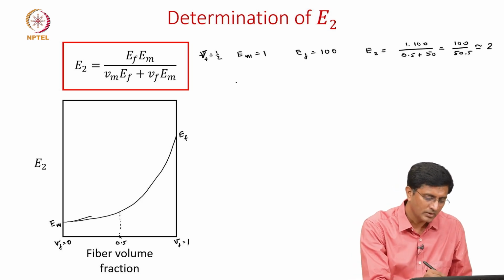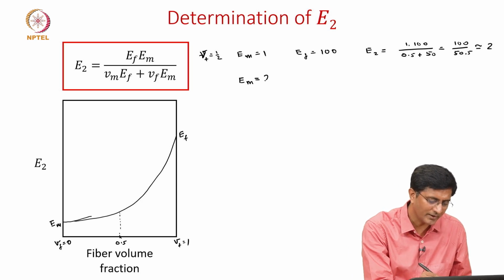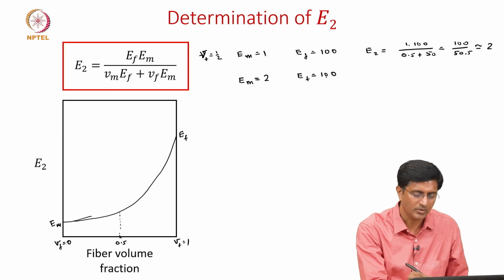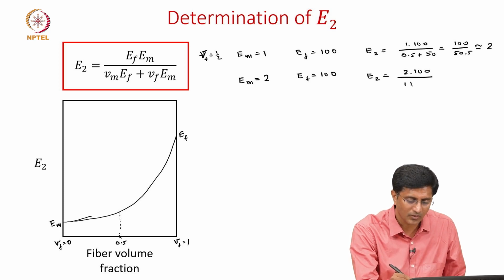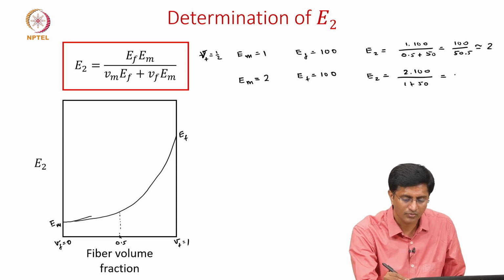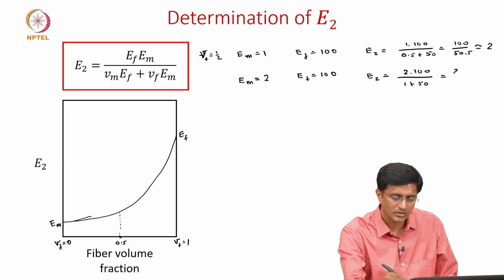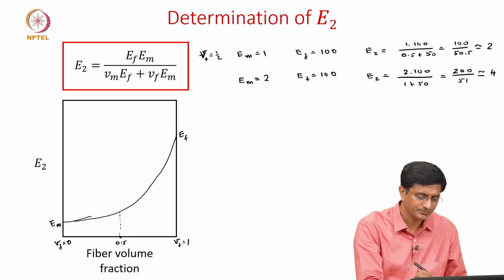Okay. Now let's do this example where we double the matrix properties and keep the fiber properties the same, 100. Then E2 can be written as 2 times 100 by 1 plus 50, so we are now looking at 200 by 51. So it is close to 4, I would say.